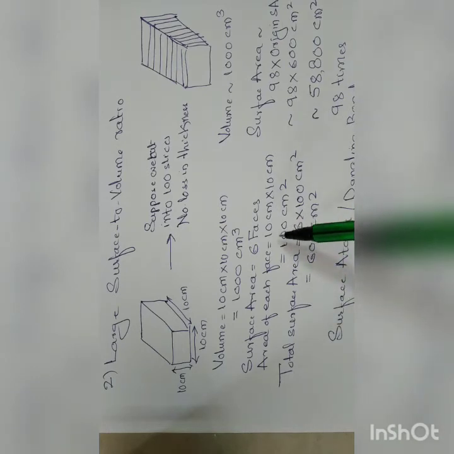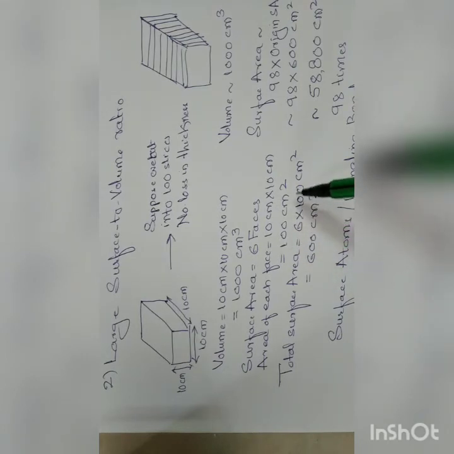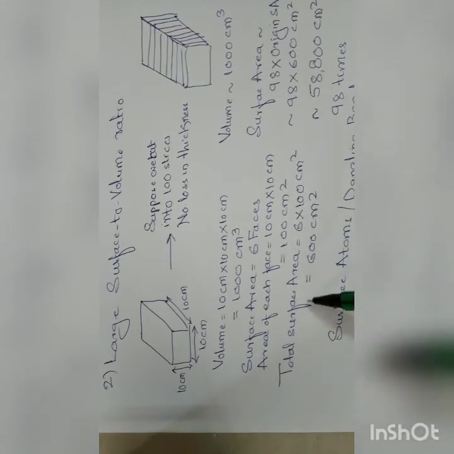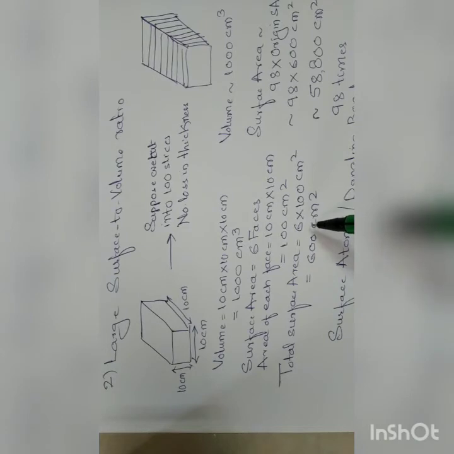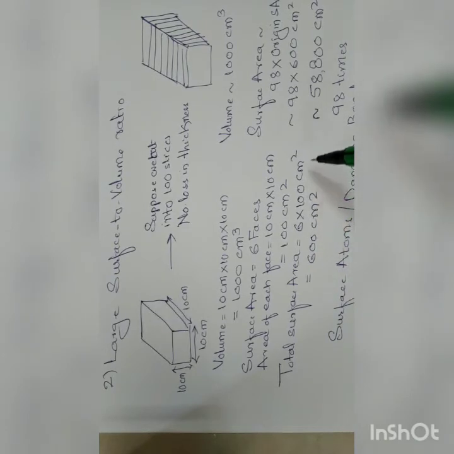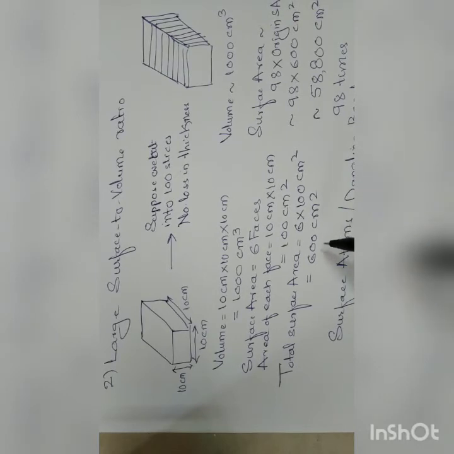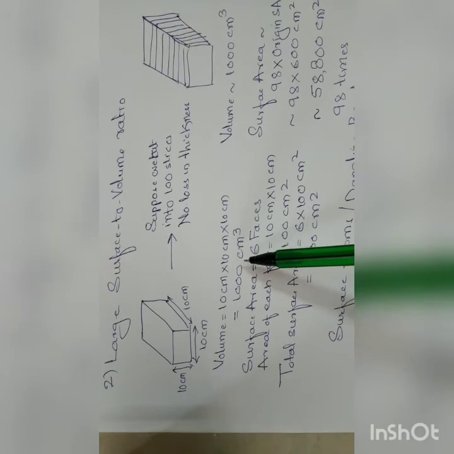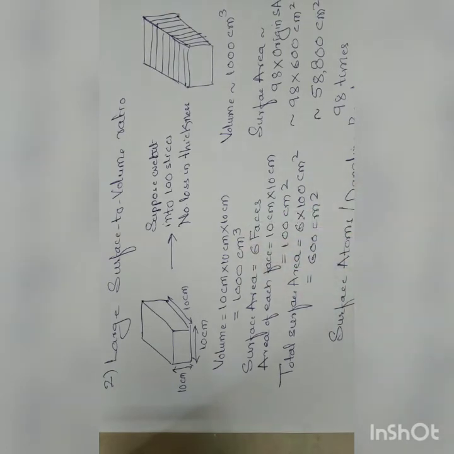Each face has area 10 centimeter into 10 centimeter, that is 100 centimeters square. So the total area 6 multiplied by 100, that will give you 600 centimeters square is the surface area. Now we have two numbers. One is the volume of the bread, that is 1000 centimeter cube. We have total surface area of the bread 600 centimeters square.